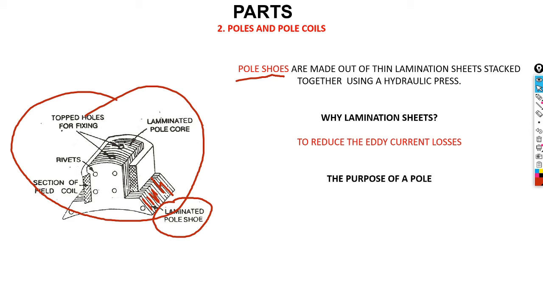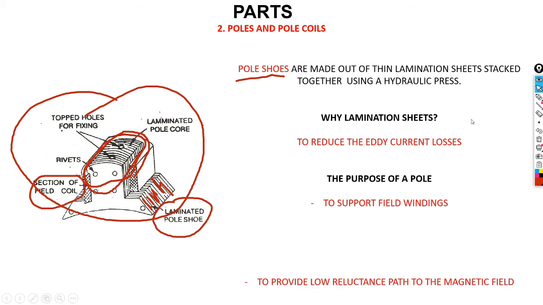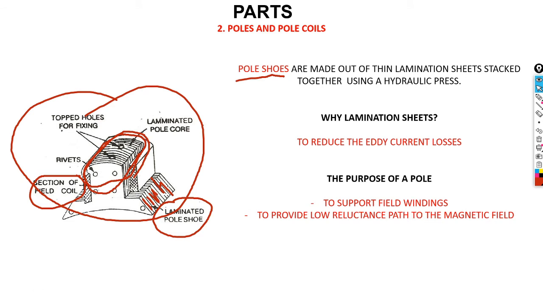And then we have the purpose of a pole. The purpose of the pole is to support the field winding, and this will be the winding, which they call the field coil, and to provide low reluctance to the path of the magnetic field.